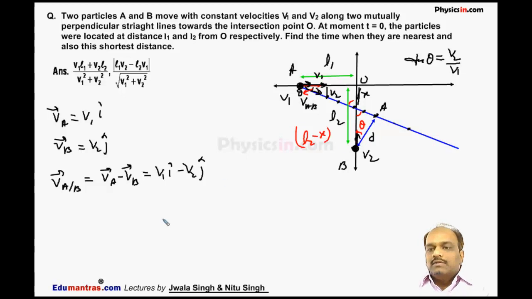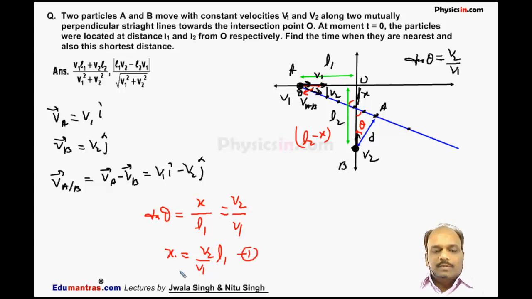So now we can say tan theta from this triangle is x by L1, and that is also equal to v2 by v1 from here. So x is equal to v2 by v1 into L1.